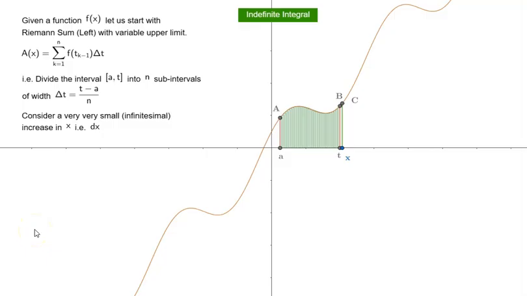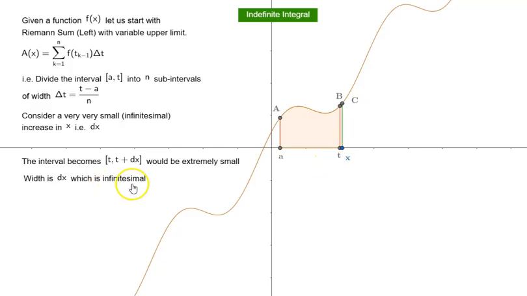Now instead of showing the Riemann sum, those rectangles, let me just make it a smooth one so that we can see it clearly. Now the interval becomes t comma t plus dx, and it would be extremely small. Width is dx, which is infinitesimal.